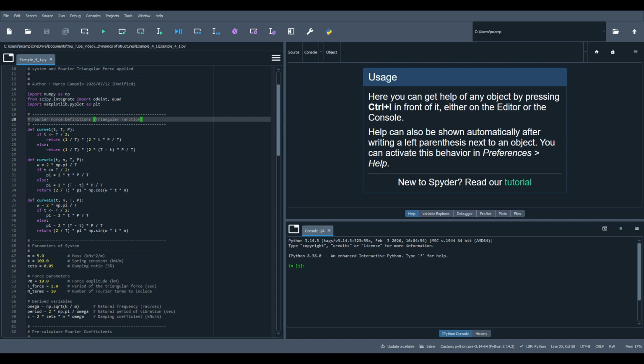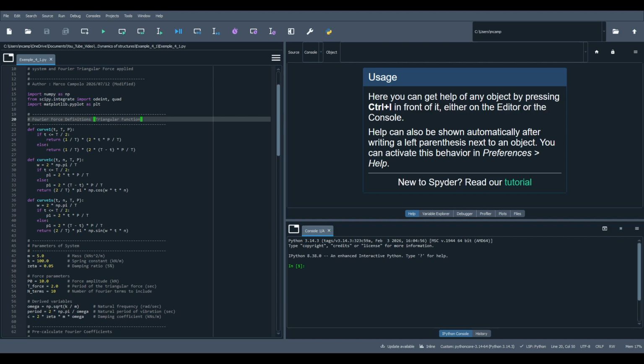In the case this condition is not true, when t is greater than T divided by 2, return this other value.